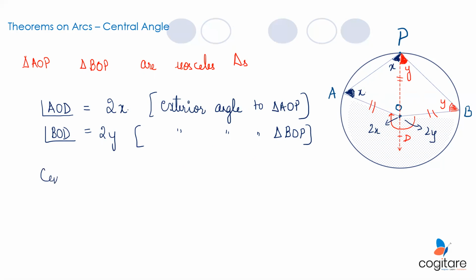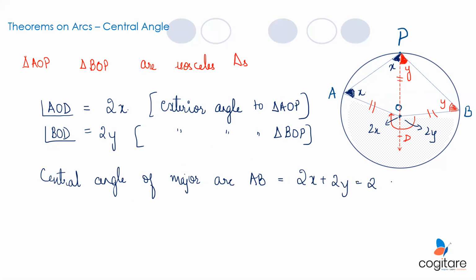So the central angle of the major arc AB, that's the only difference, is actually 2x plus 2y, or 2 of x plus y. What is x plus y, folks? It's nothing but angle APB.